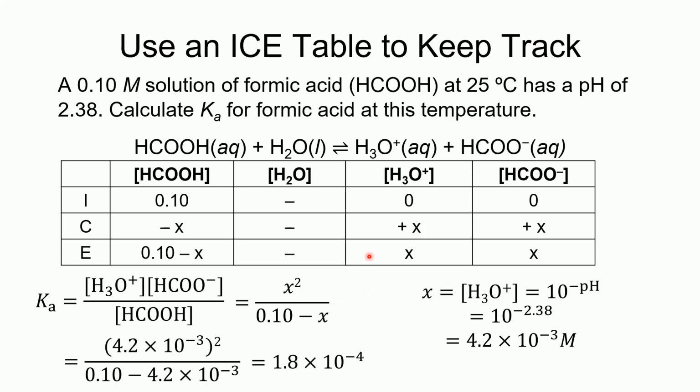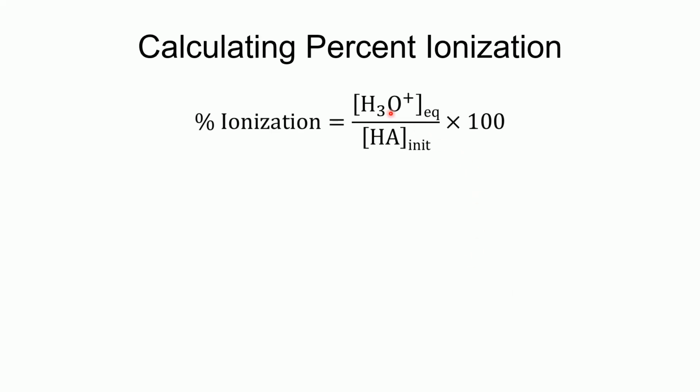Now there's one more thing that I want to do before we move on to the in-class assignment problem. And that one more thing is to calculate the percent ionization. When it comes to calculating percent ionization, we will do the concentration of hydronium ion at equilibrium divided by the concentration of our weak acid initially.